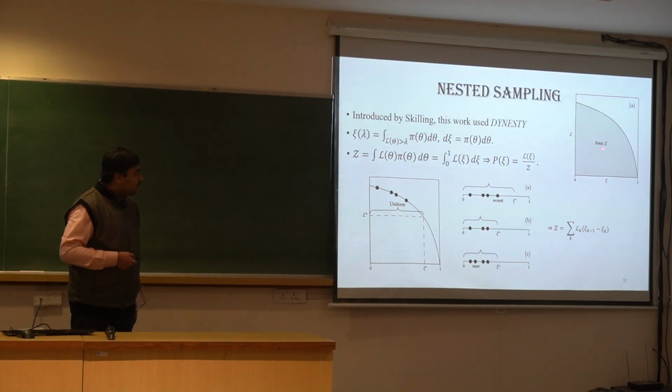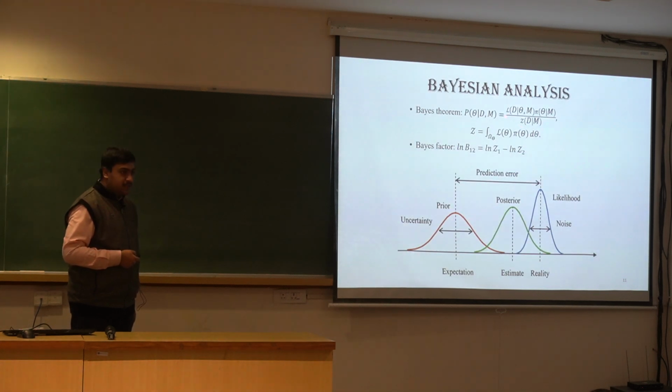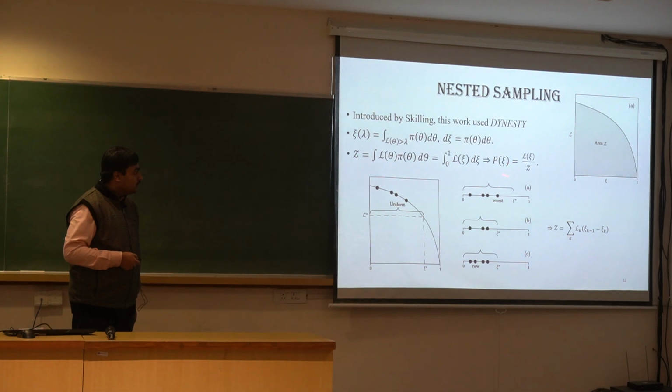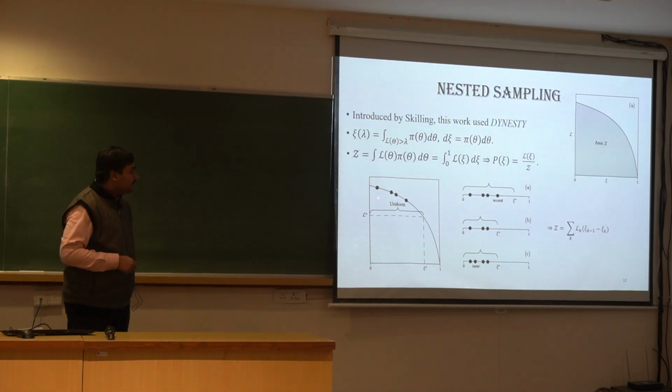So eventually our evidence becomes the area under the L(xi) curve. The benefit is, instead of using two parameters here in the numerator, you are just left with one parameter. So you can calculate your posterior distribution along with xi in one go.